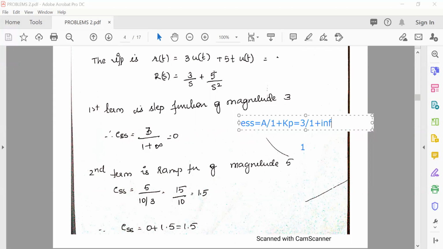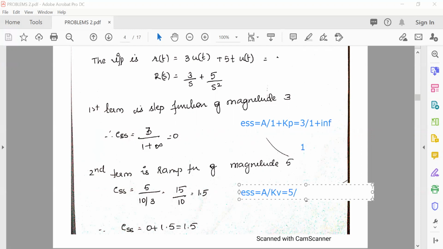The second term here represents a ramp input. Ramp input magnitude is 5. What is ESS for a ramp input? It is A, the magnitude of the ramp, divided by Kv. The magnitude of the ramp is 5, divided by 10 by 3.